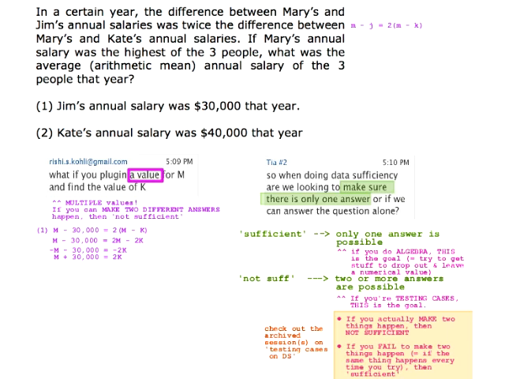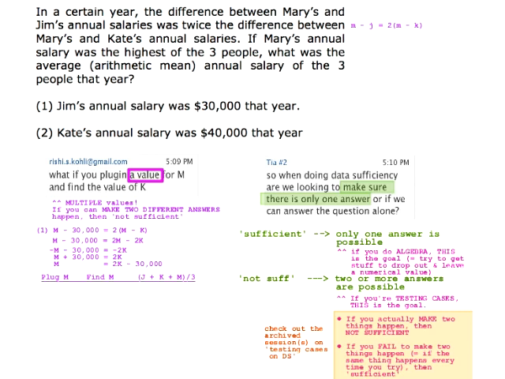If you solve for K, it's going to be a fraction, which is not anybody's friend. So you can plug in M, find K, and then find the average of all 3. You can do that, and testing cases, but you've got to know that you need to test multiple cases here, which is pretty much what you have to do when you test cases. You've got to plug in things that are more than 30,000.